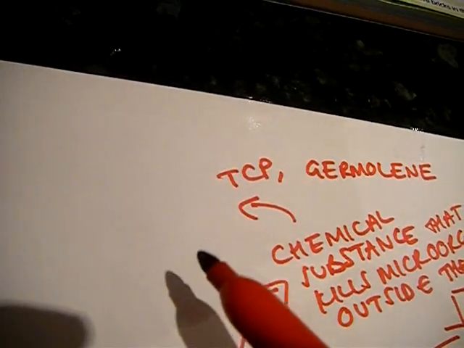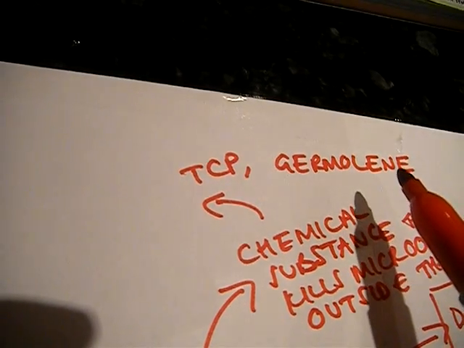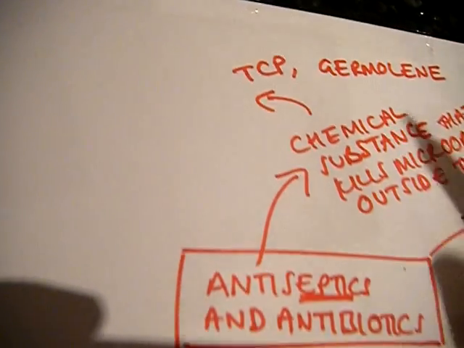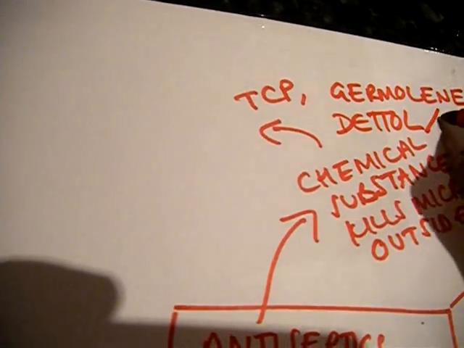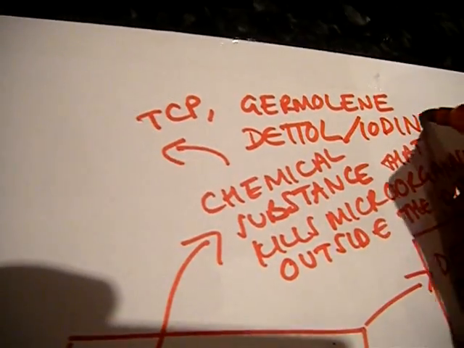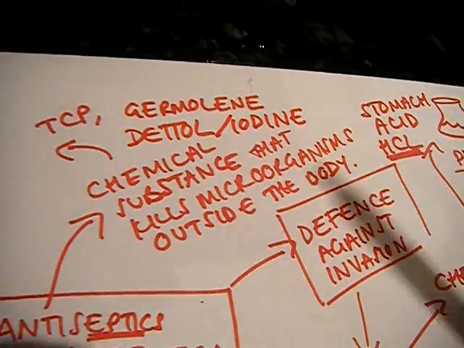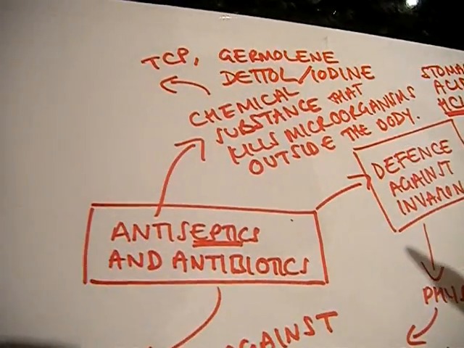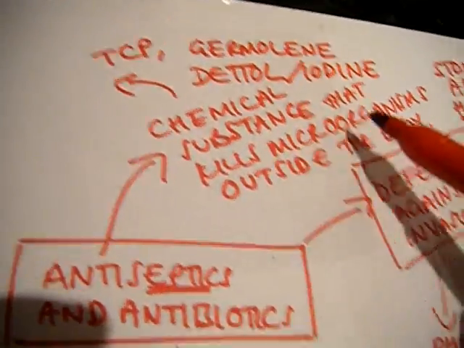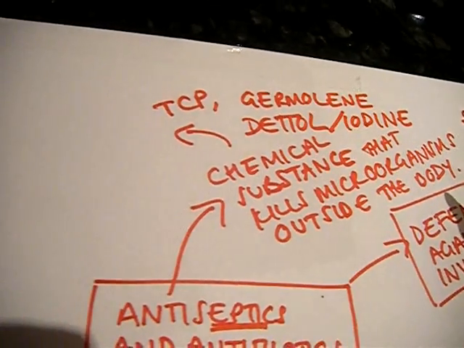We spray them on surfaces, or we put them on cuts and things. So Dettol, iodine, which is that brown stuff that you see doctors on TV putting on people before they have operations. Chemical substances that kill microorganisms outside the body.